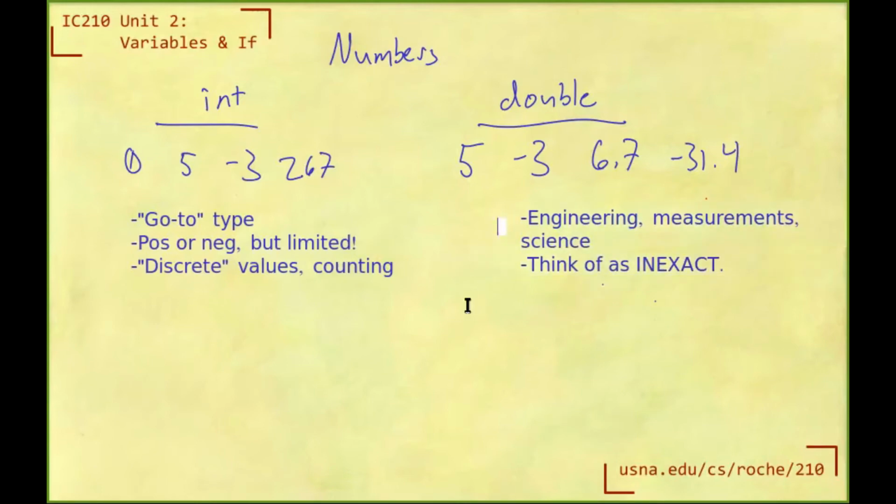Just like in the way that if you wanted to write 1/3 as a decimal, you could write 0.33333, but as many 3s as you wrote, you would never get exactly to the value of 1/3. Let's think of that as a similar thing with double, except they're actually in base 2, as weird as that is. And you'll learn more details of that in IC210 next semester, your computer architecture class.